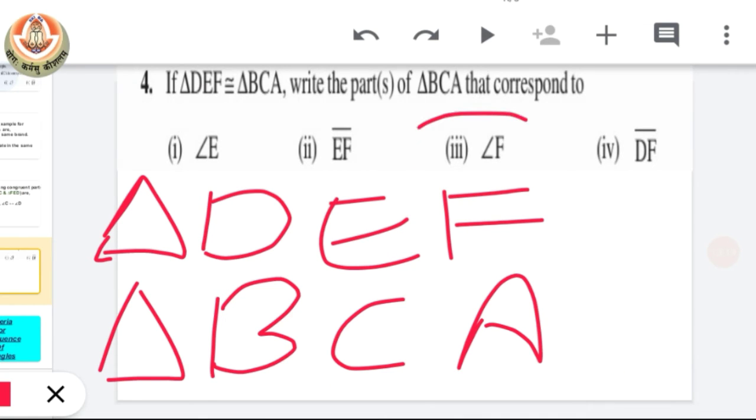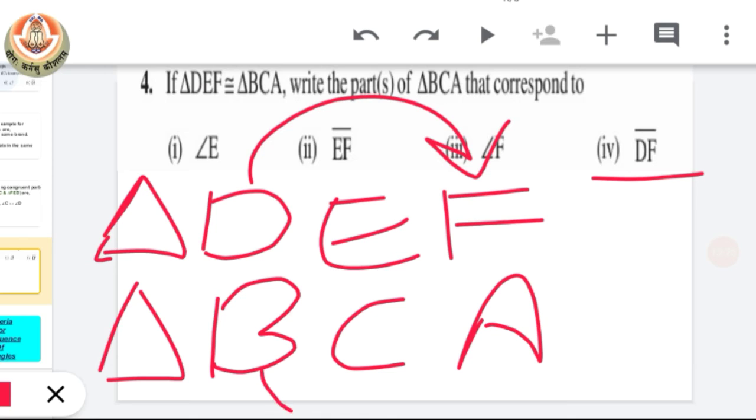The next one is angle F, and angle A corresponds to angle F. And the next is DF, so BA is the corresponding side of DF. Okay, class.